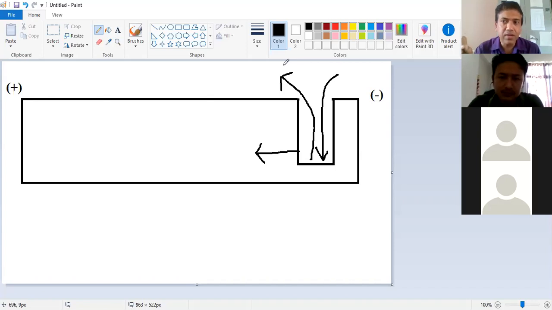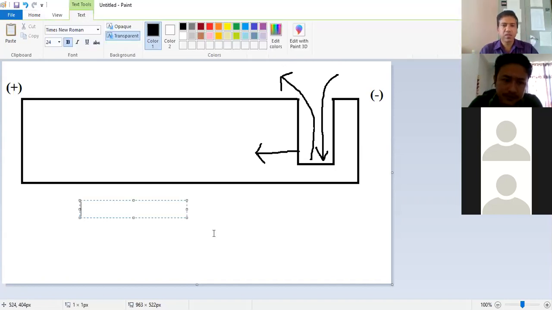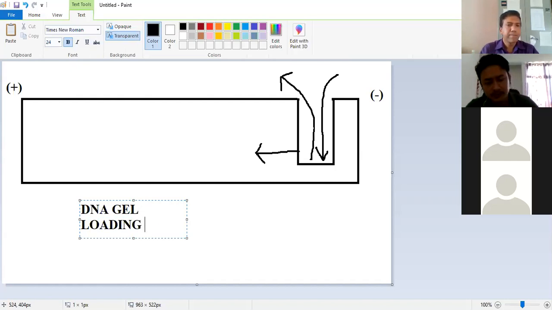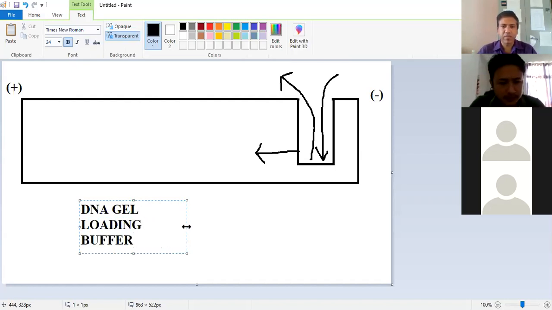So for that reason, to settle the DNA into the bottom of the well, we will have to increase the density of the DNA. So for this reason, we use DNA gel loading buffer.